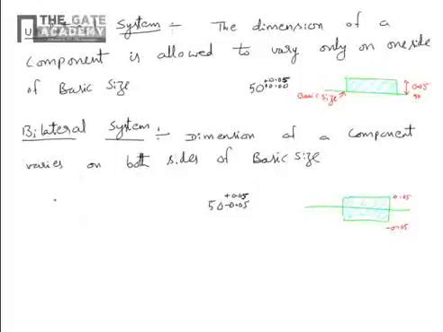Basic shaft. The shaft whose upper deviation is 0 is called basic shaft.